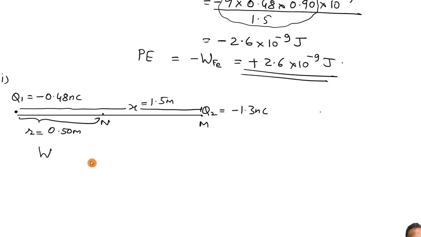What is the work done? Got it? So here you are going to use the formula work done due to internal force, or you can say work done due to Fe, will be equal to, now here you know what is happening. See, the distance keeps on changing. Here the distance is 1.5 meter. When you come to this point N, the distance has changed to 0.50 meter.